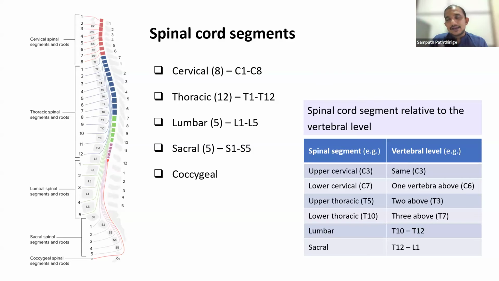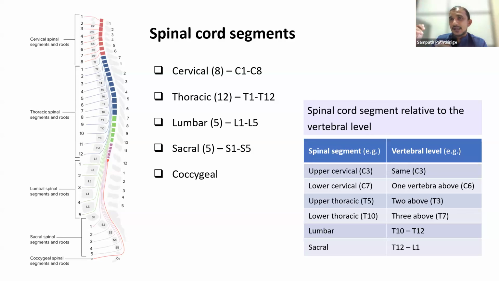This is clinically important because generally when a patient comes with a spinal injury, and we do the radiological investigation, what we commonly see is the vertebral injury. So depending on the vertebra which is affected, we should be able to tell that this would probably be the level of the spinal cord lesion, right?